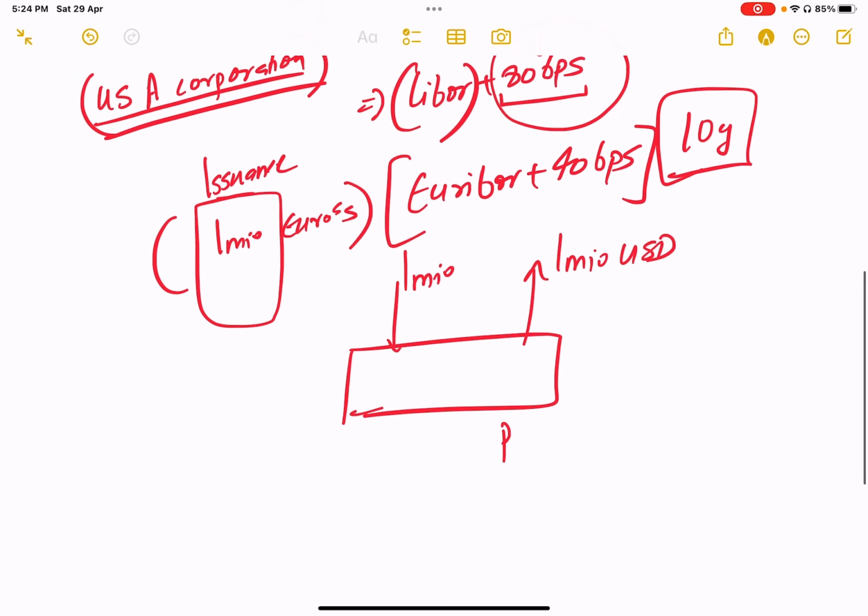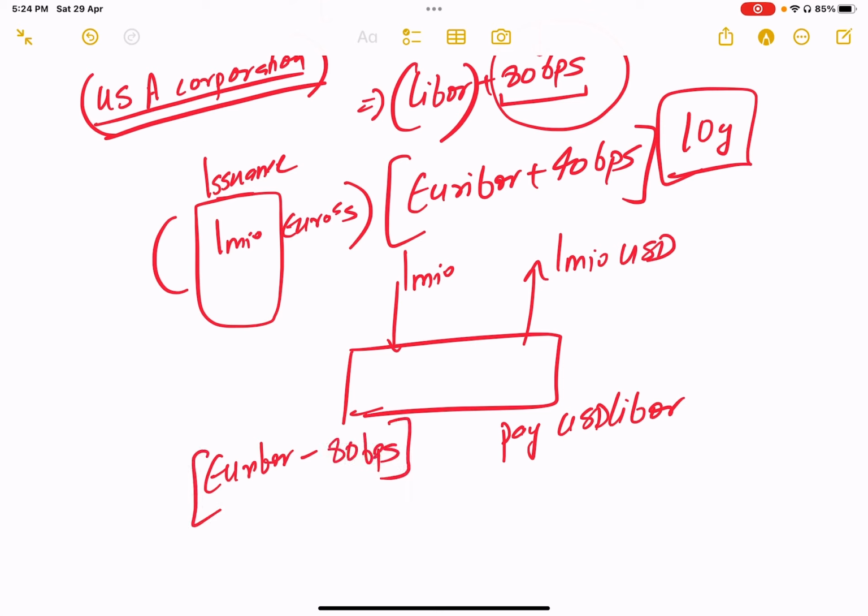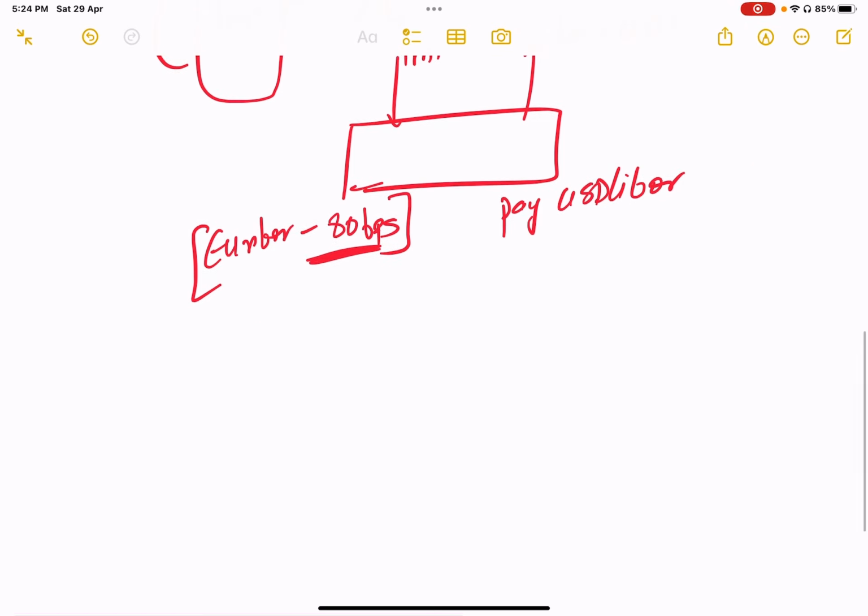I have to pay USD LIBOR and I will receive what? Euribor minus 80 bips. But that's a problem. I mean, I get Euribor minus 80 bips and suppose I'm supposed to pay this much. So overall cost for me is plus 120 bips.